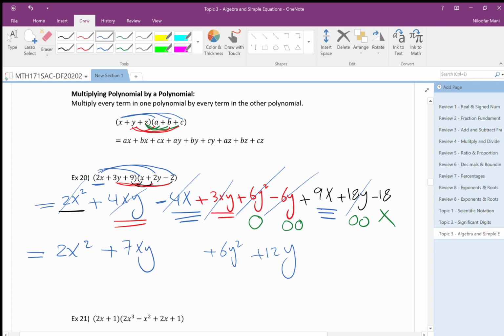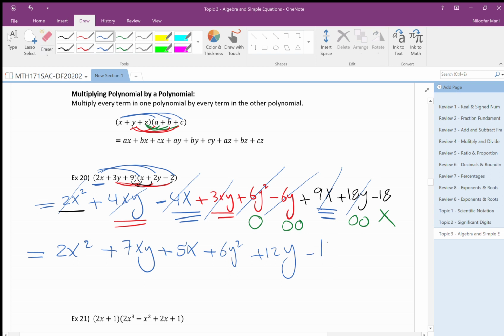I noticed because I didn't cross that, and I see, okay, I made a mistake. That's a very good example to show why you need to cross them. Then at the end you have minus 18.